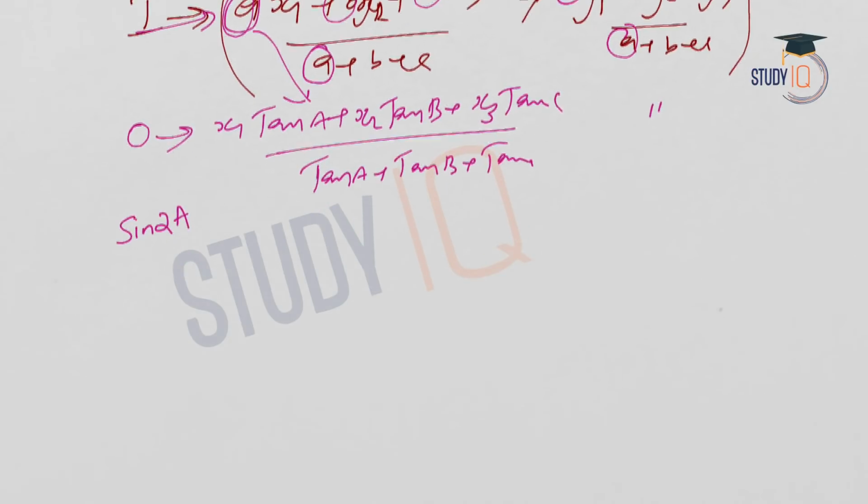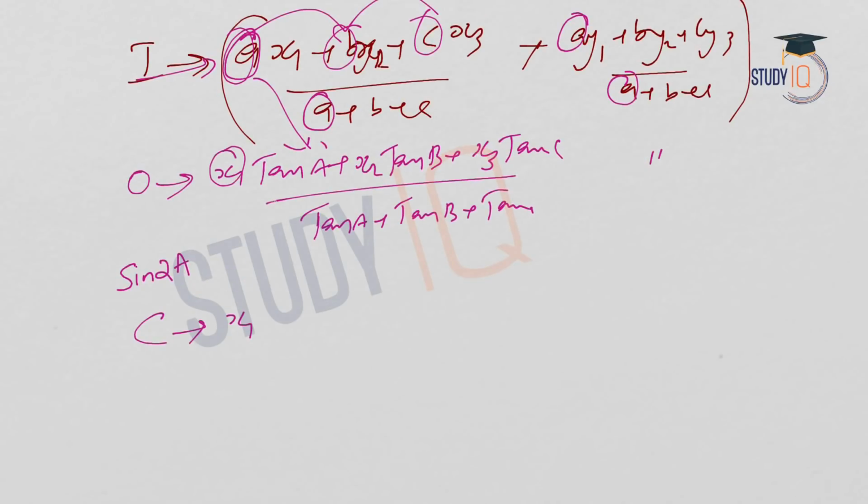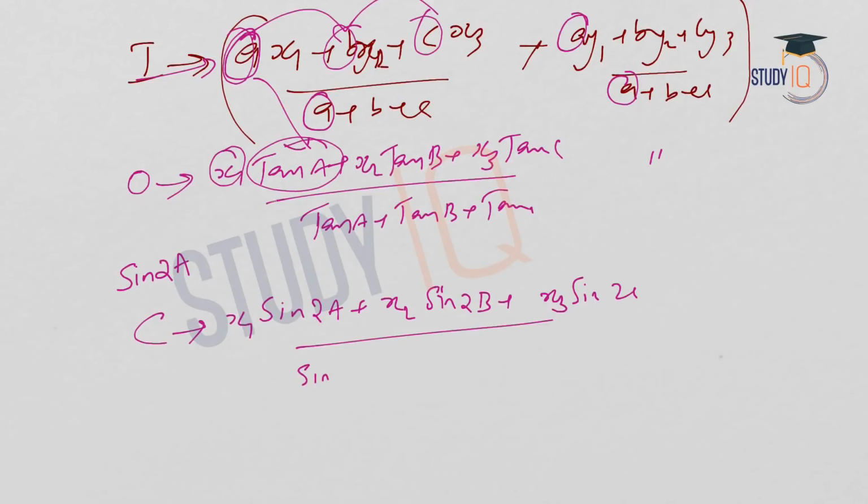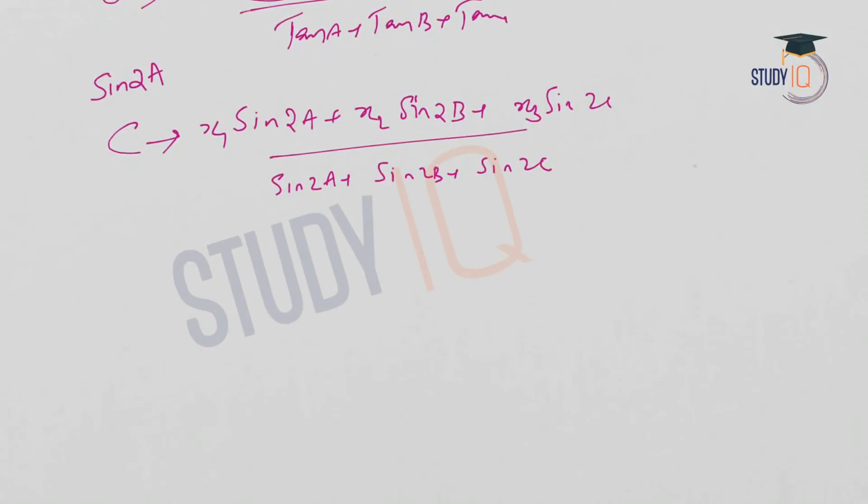So my circumcenter's x coordinate is (x1 sin 2a + x2 sin 2b + x3 sin 2c)/(sin 2a + sin 2b + sin 2c).